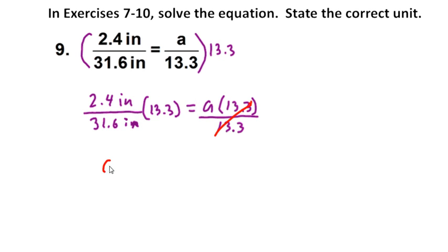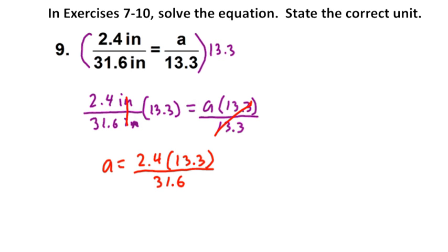This is, in essence, a cross multiplication of 13.3 to the other side. So A is going to be equal to 2.4 times 13.3 over 31.6. And what happens here to inches over inches above here in purple? Cancellation.